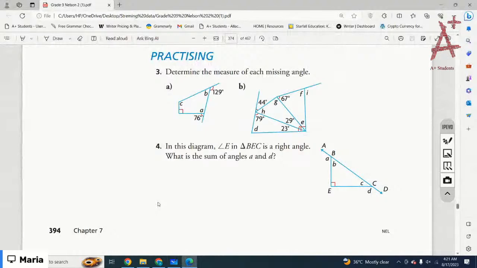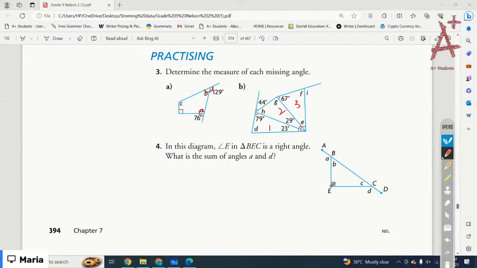You have to calculate the sum of angle A and D. So you can see you have to extend the sides like this, right? So all the angles must be 90 degrees. This 90, this 90, and this 90, right?